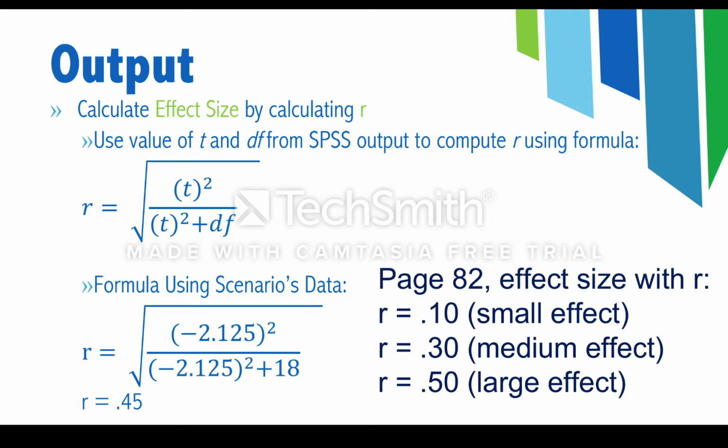If you think back to the benchmarks for effect size, 0.45 represents a fairly large effect size. It's just below the 0.5 threshold for a large effect. Therefore, as well as being statistically significant, this effect is large, and so it represents a substantive finding.